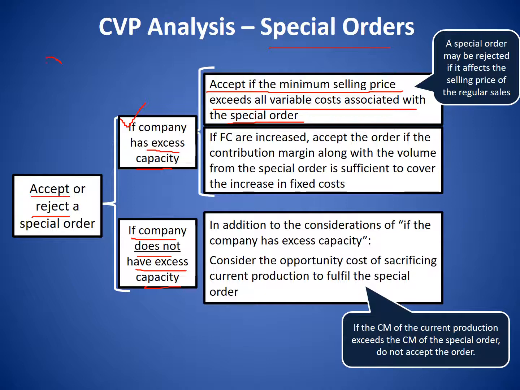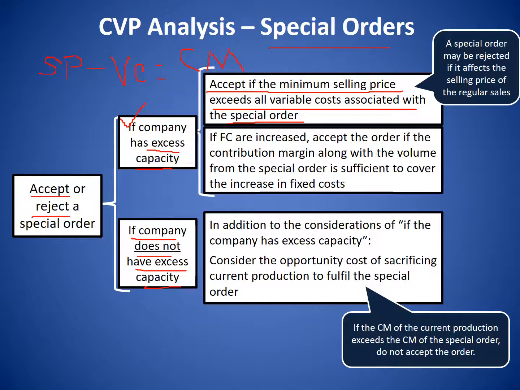We can take selling price, SP, minus our variable costs, and that will then equal our contribution margin, that's a C and an M there. So what it's saying is if the contribution margin from our special order is positive, we would want to accept that order, given nothing else is changing.